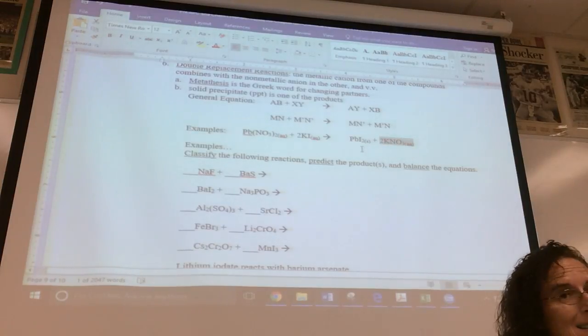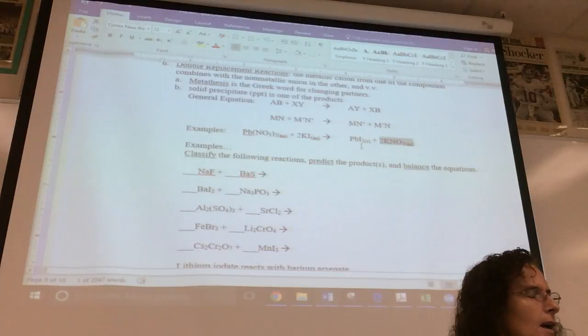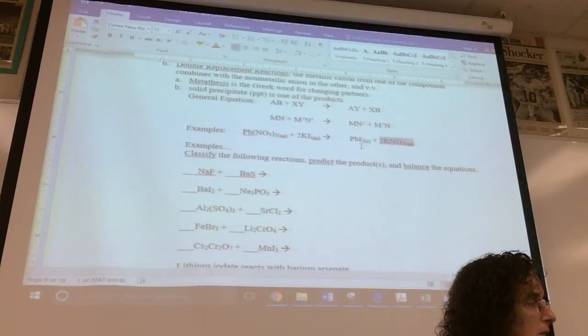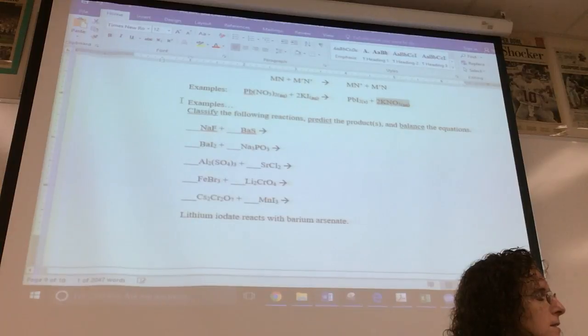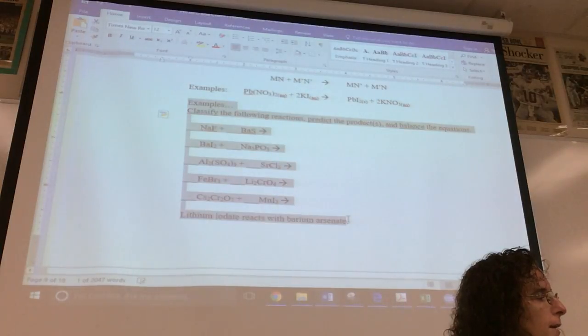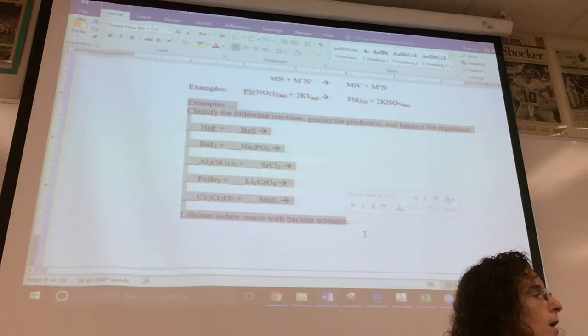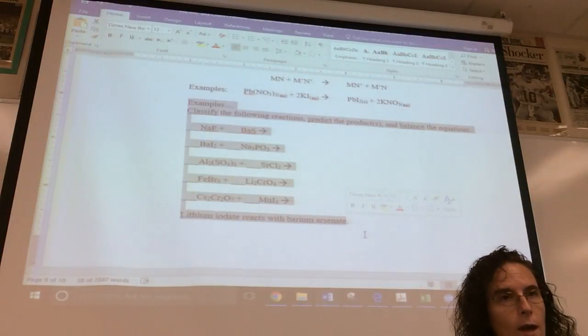You actually can write net ionic equations based on that, but we'll hold off on that concept till we get to solutions and you know which substances don't dissolve in water. For right now, what I want to focus on is predicting the products of double replacement reactions and writing balanced chemical equations.